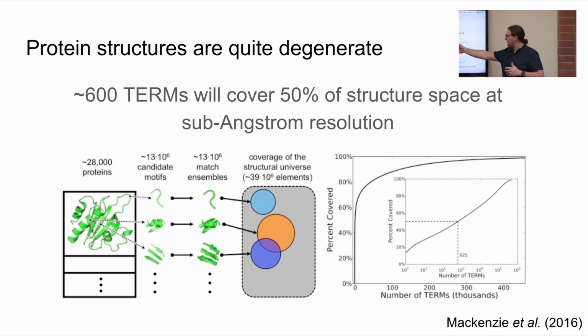It goes logarithmically past that, but the fact that 600 TERMs can still cover 50% of the database is quite remarkable. And I think it really helps point to the fact that nature is just reproducing things it's seen over and over again. It's reusing these bits and pieces to build more complex machinery, and you can mix and match them to build something more unique as well.